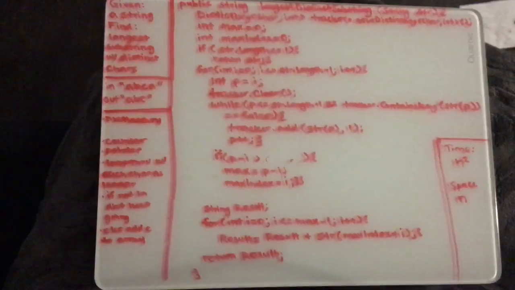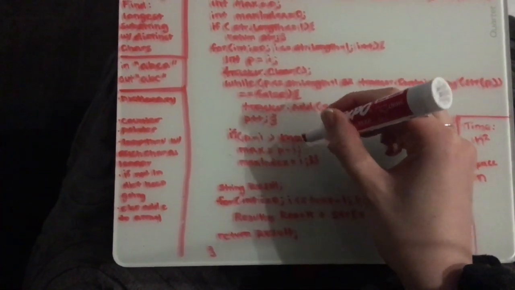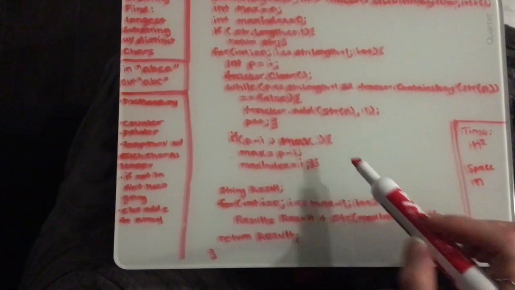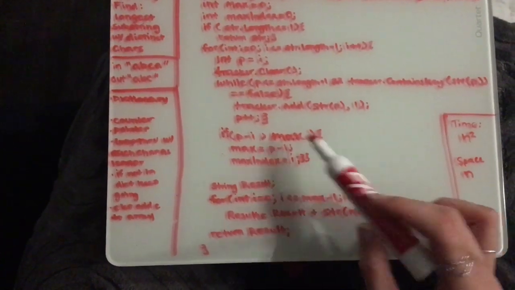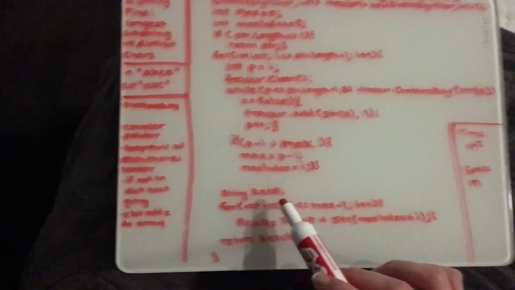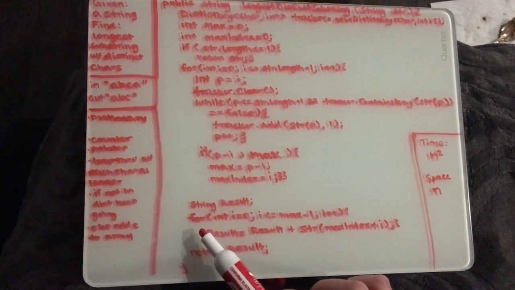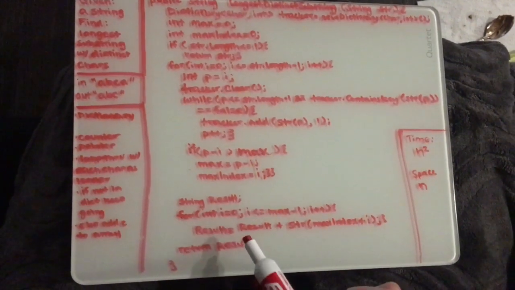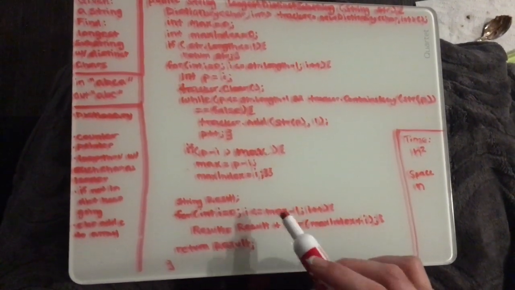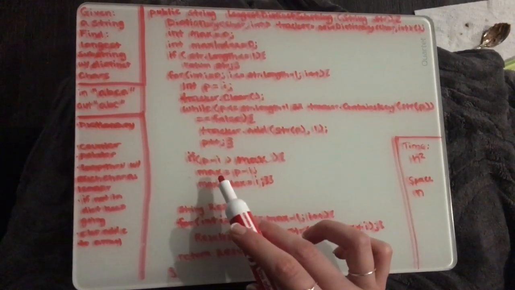Greater than max, then we'll change our max and we'll set the max index as the I. I'm then creating a result string, and to get the result string, we have to start at the max index and go for the max number of times.